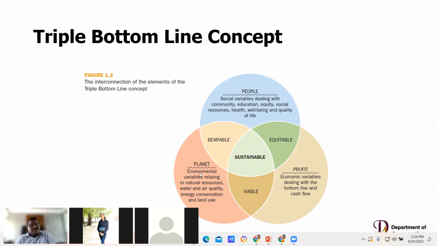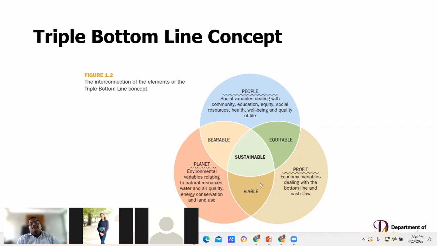The planet is, what is the impact you are making on the society, planet, environment variables. Environmental variables related to natural resources, water, air quality, energy, conservation, and land. So when you combine these three, you get sustainable, bearable, equitable, viable.